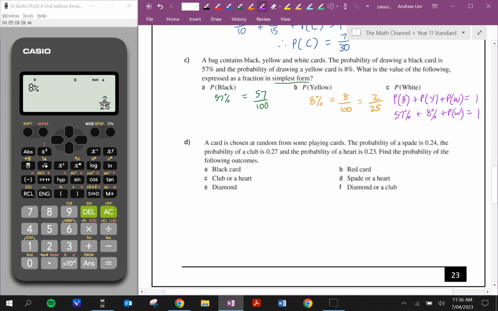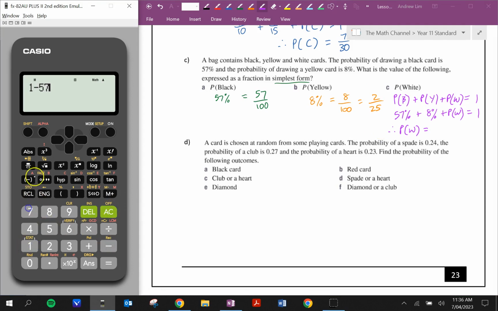We need to work out the probability of white, which is equal to 1 minus 57% minus 8%. Of course, if you wanted to, you can say 1 minus 57 over 100 minus 8 over 100 or 2 over 25, up to you. But I'm just going to use the percent to show you this. We can do it this way.